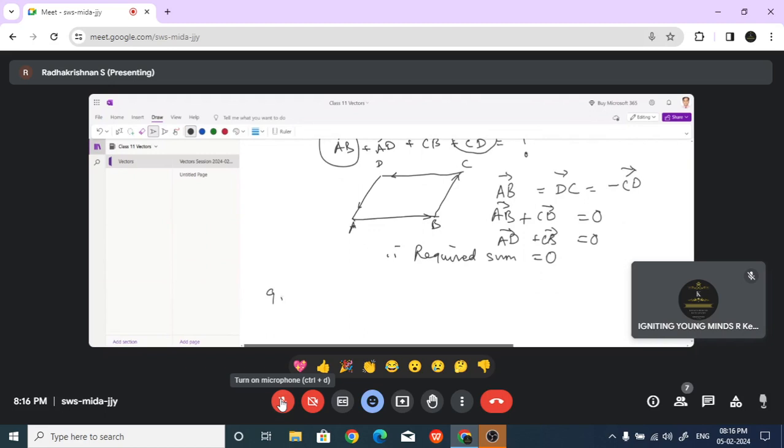Problem number 9. One of the diagonals of the parallelogram ABCD with A and B as adjacent sides is A plus B. What is the other diagonal?